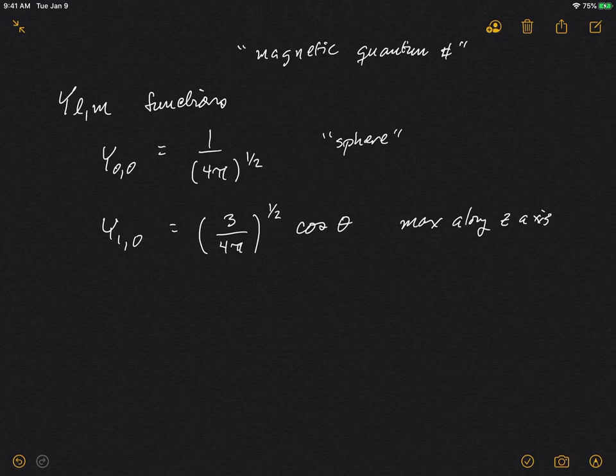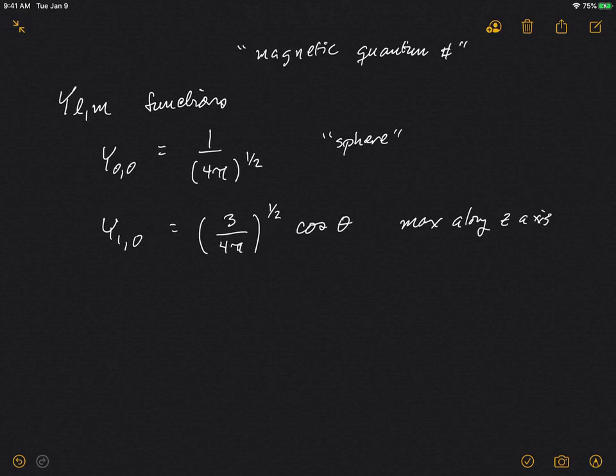But it's also going to have a theta that ranges from 0 to, hold on, let's see, I actually skipped that. Yeah, theta ranges from 0 to pi.